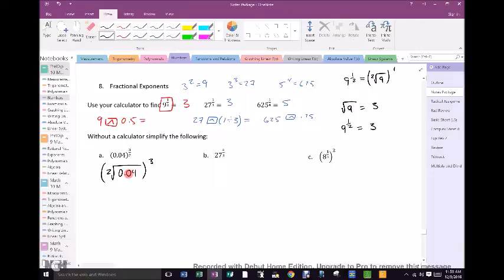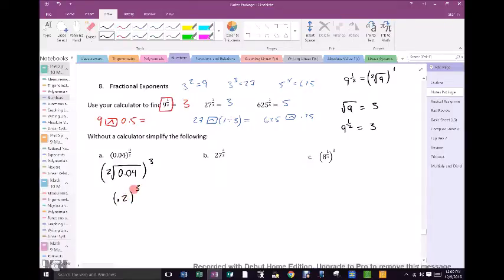What is the square root of 0.04? You should not need your calculator. What is the square root of 4? 2. What is the square root of 4/100ths? 2/10ths, which is 0.2. To what power? 3.